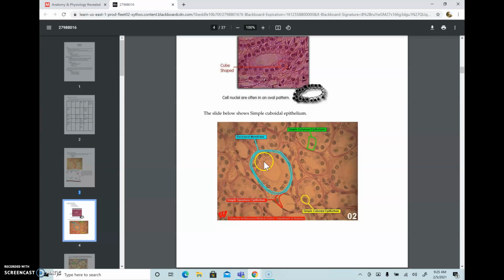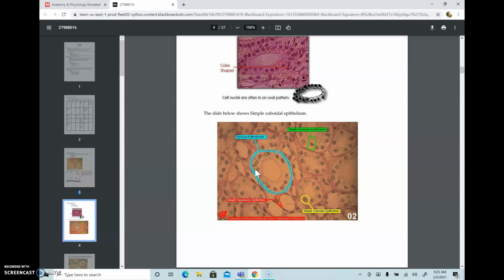So this surface of the cell facing the lumen becomes the luminal surface. Okay, so over here this becomes the luminal surface. And this region in blue becomes the basement membrane or the basal surface. Everything stained dark is the nucleus of the epithelium.